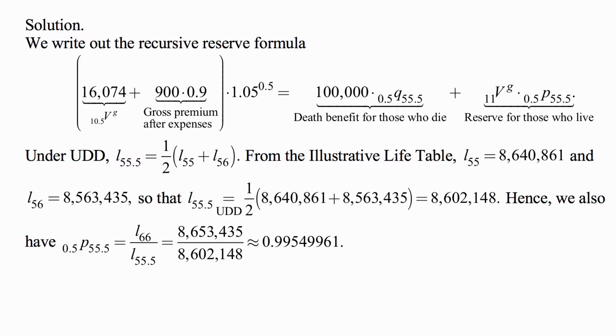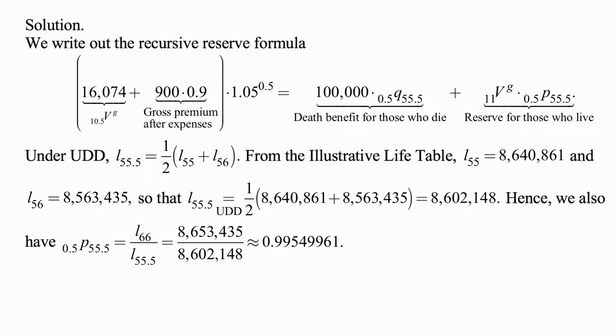And here's the solution. We write out the recursive reserve formula from policy duration 10.5 to policy duration 11, going over half a year. The reserve at time 10.5 is 16,074 plus gross premium after expenses, 900 times 0.9.